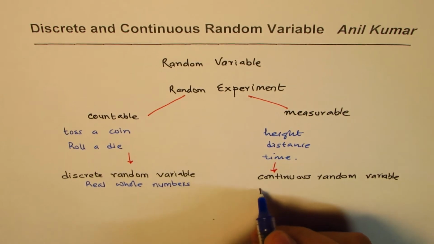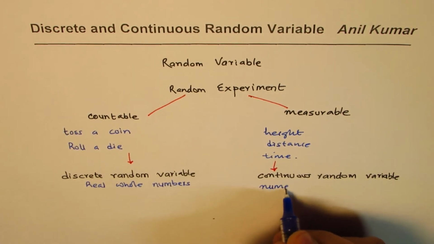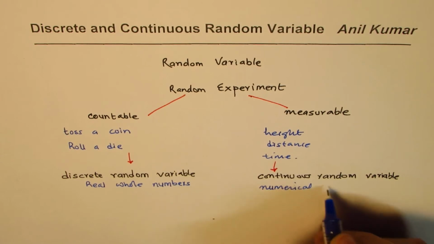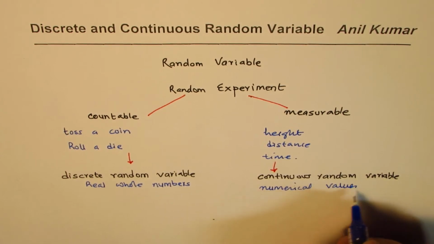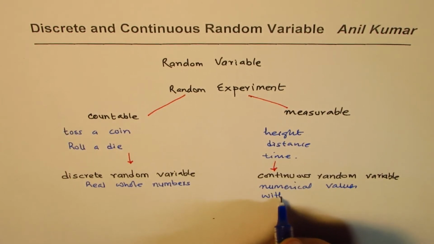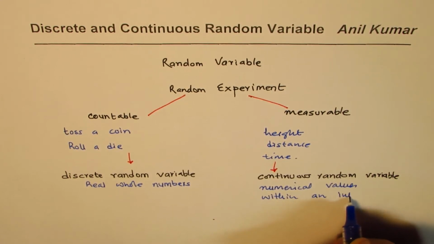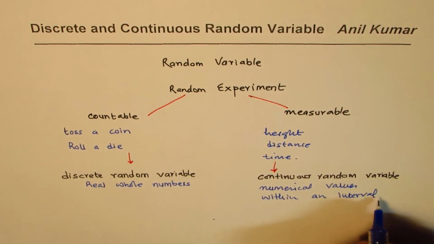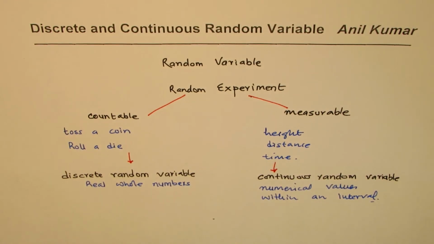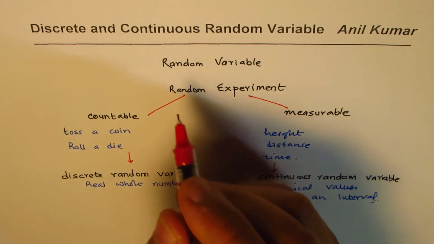Here we are working with numerical values within an interval. Is that okay? So that is how the random variables could be slightly different.